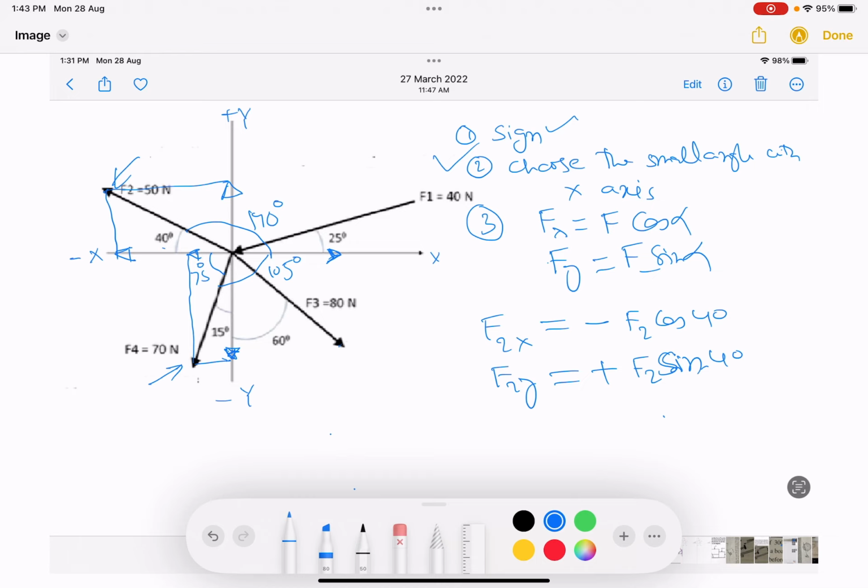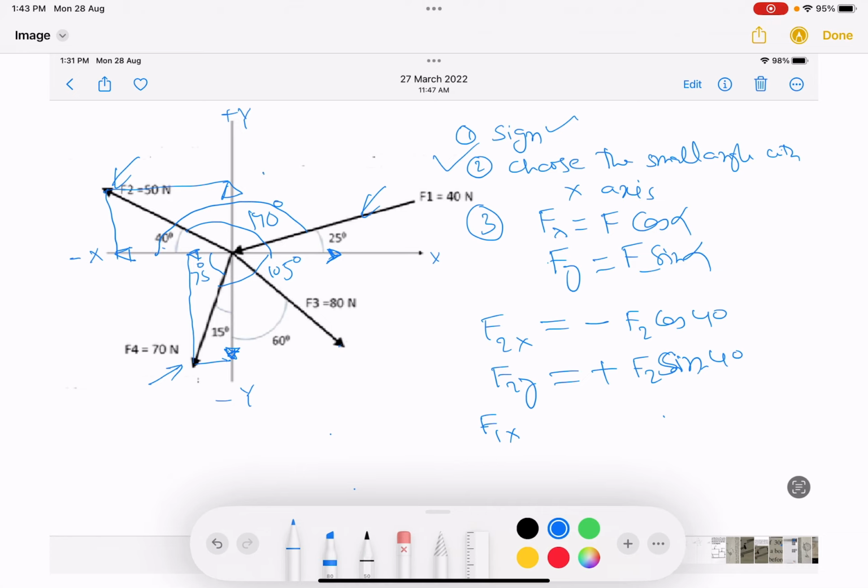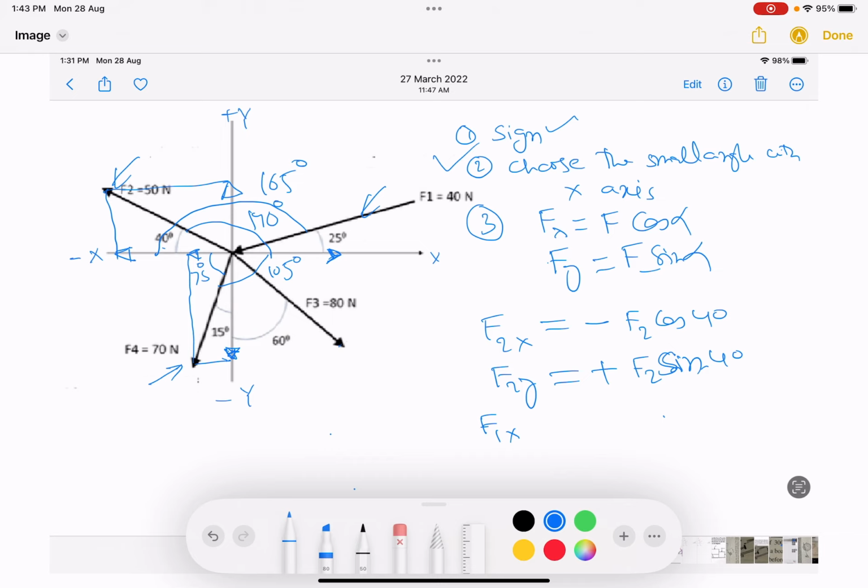So you have solved this. Consider force F1, and we want to find F1x. So this is force F1, right? What is the angle which it is making with the x-axis? It is 25, and the other angle is going to be 165, 180 minus 25. So you are going to consider 25. Before that, consider the sign. When this force is resolved along the x-axis, please note this is towards left, so the x component will be towards left.